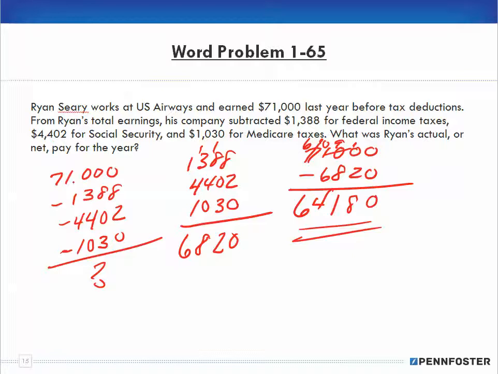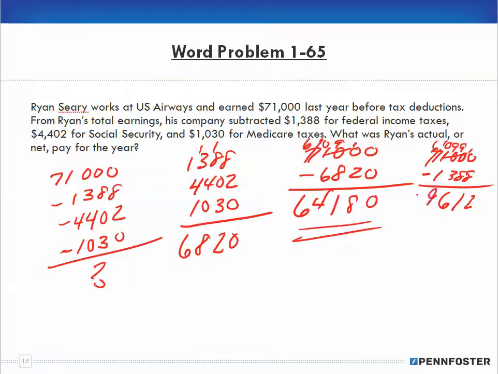The other way to go about doing this, and the longer way, would be to take the 71,000 and subtract 1,388. Okay, so from that I'm going to get 2. From that I'm going to, let's see here, this is going to end up being a 0, 9, 9, right? Because I'm adding the 1 over here. So 8 from 9 is 1, 3 from 9 is 6, and then 1 from 0, I have to make that 6.